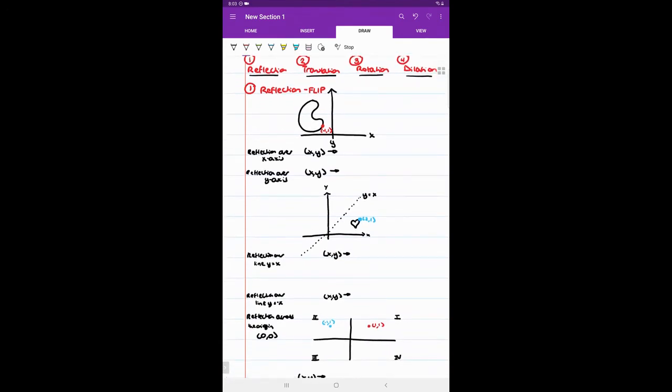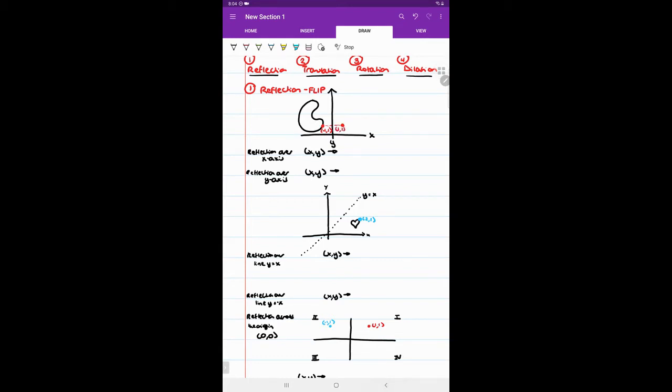Now reflection is like a flip. So let's say I'm working with this little bean shape and I want to flip it over the y-axis. So if we look at that red point and I want to flip that over the y-axis, what I do is I go to the y-axis a certain distance and then I go the same distance away from it and I draw the point. Now intuitively you might realize that this new point will be at the point (1, 1).